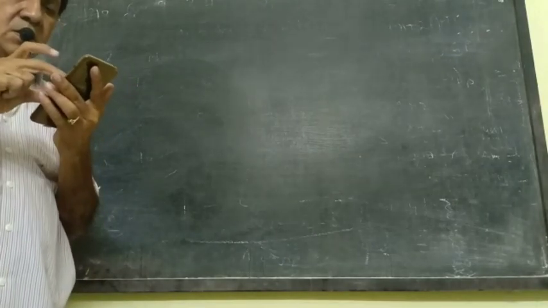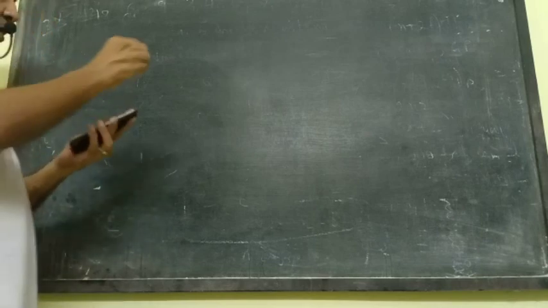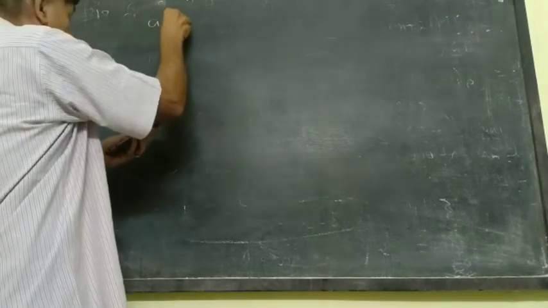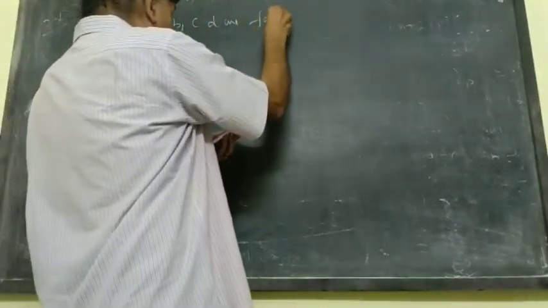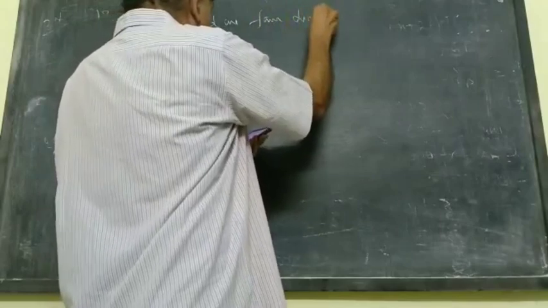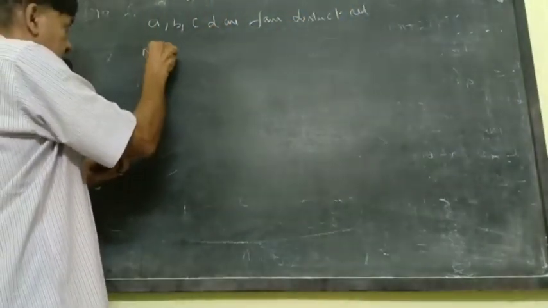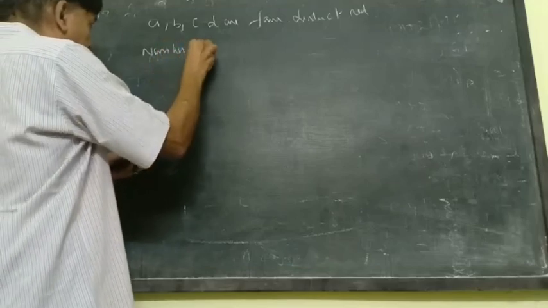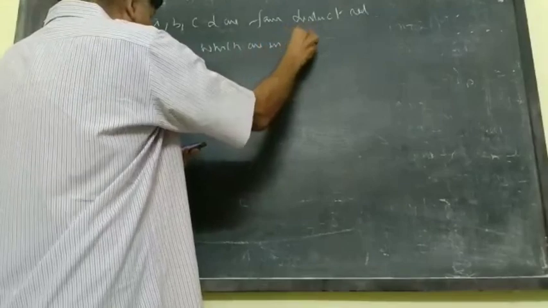Yes, our next question is: a, b, c, d are 4 distinct real numbers which are in AP.